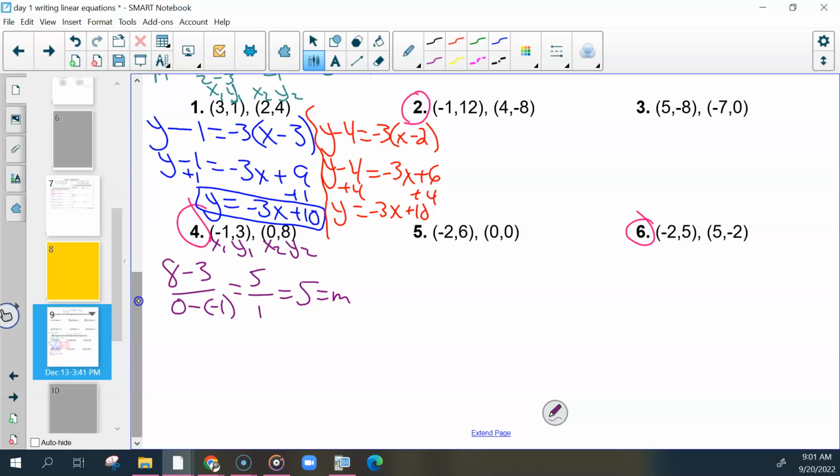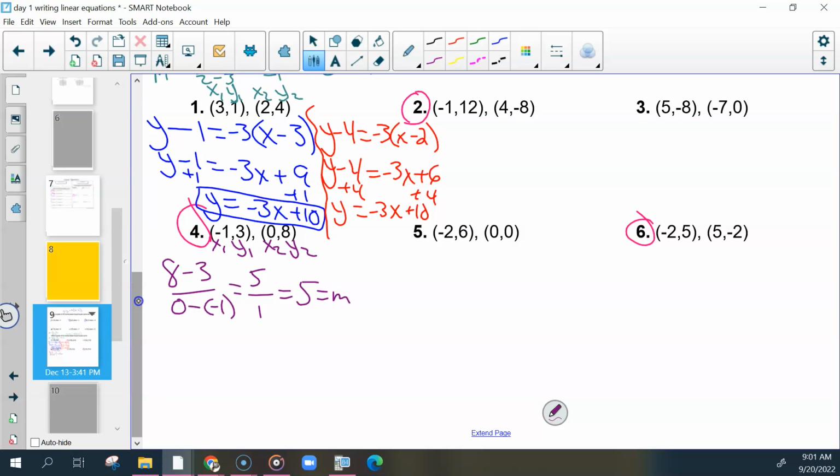If you see an ordered pair like this, you don't have to do all the work. Anyone know what this ordered pair would be? If I graphed it, where would it fall? Zero, 8, where x is 0 and y is 8.